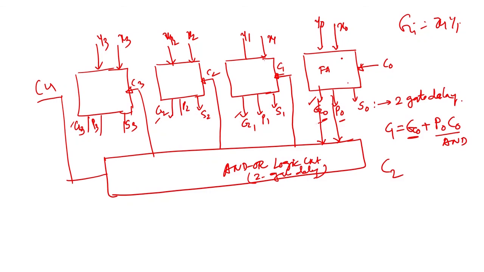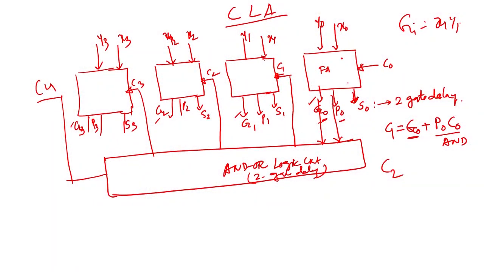This is something called a carry look ahead circuit, CLA, carry look ahead adder. So, then what will be the total gate delay for this one? See, this sum will be generated here, this sum also will be generated, but this sum is not the correct sum, because input has to go here.